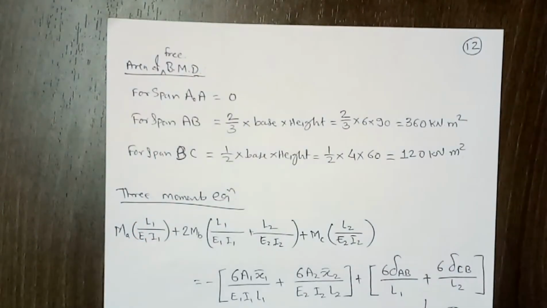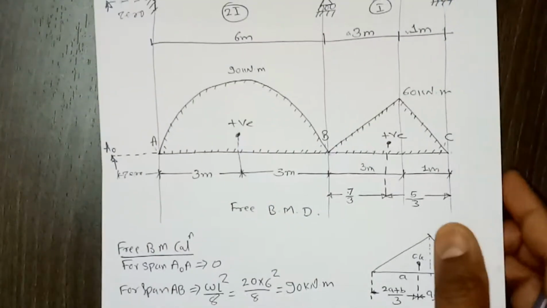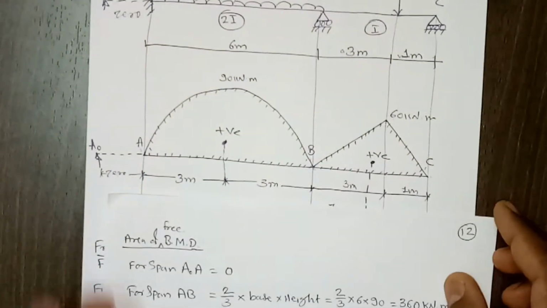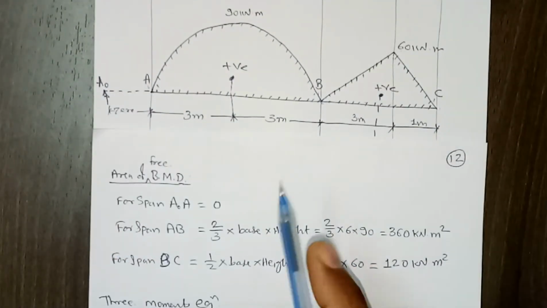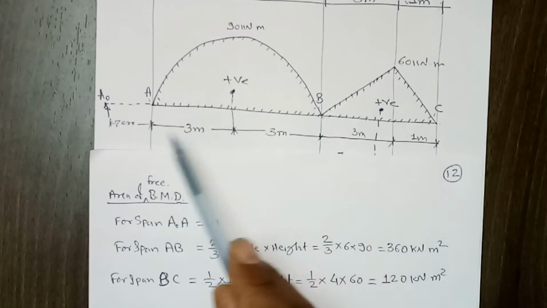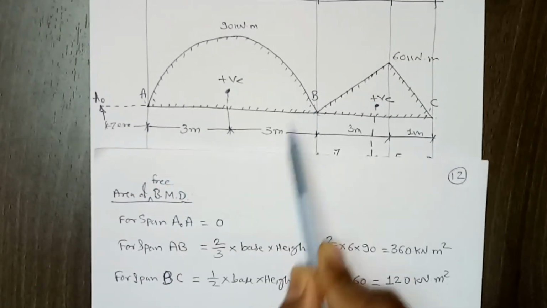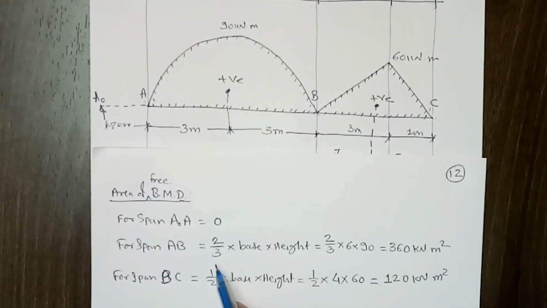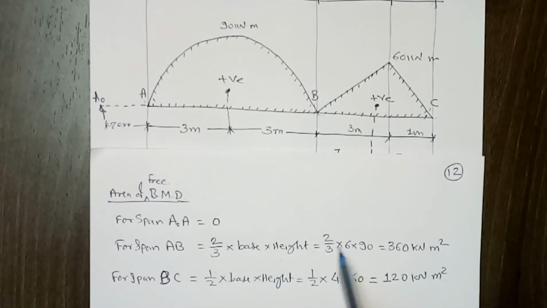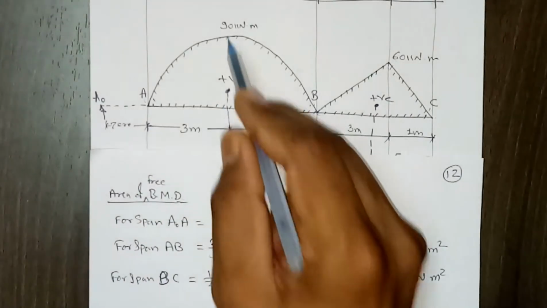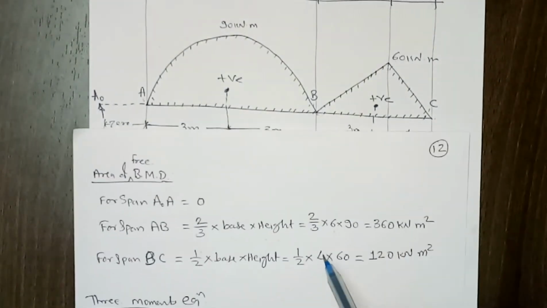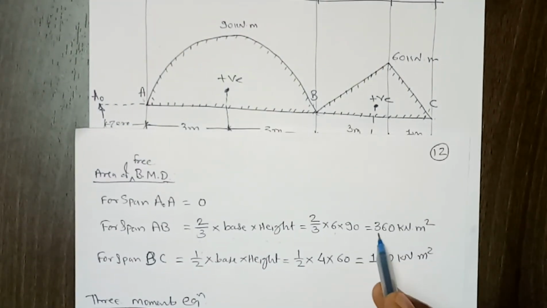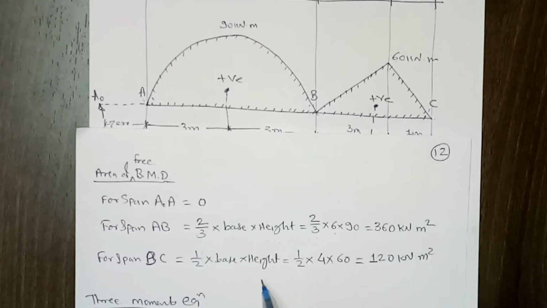For the AB portion it is this parabola, and the area of this parabola can be calculated using 2 by 3 into base into height. So 2 by 3 multiplied by 6 as the base and height is 90, which we have already calculated. So it comes out to be 360 kilonewton meter square.